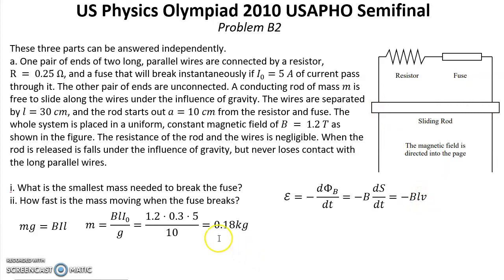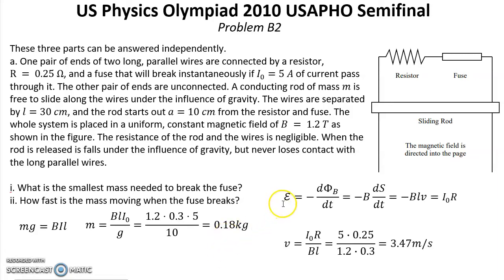We know that EMF equal current multiplied by resistance. In our case, we know that maximum current is I0 and resistance is 0.25 ohms. So now we can count what is speed.